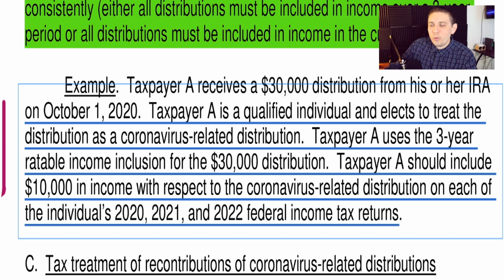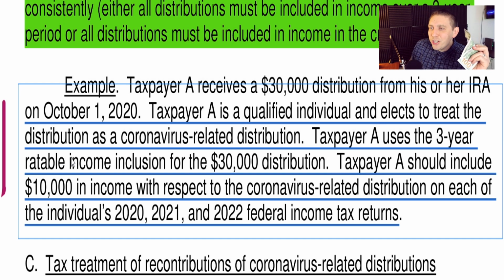The first one we're going to cover is the most basic, where it says taxpayer A receives a $30,000 distribution. So instead of $30,000, we're saying $300, from his or her IRA on October 1st of 2020. Taxpayer A is a qualified individual and elects to treat the distribution as a coronavirus-related distribution. Taxpayer A uses the 3-year ratable income inclusion for the $300.